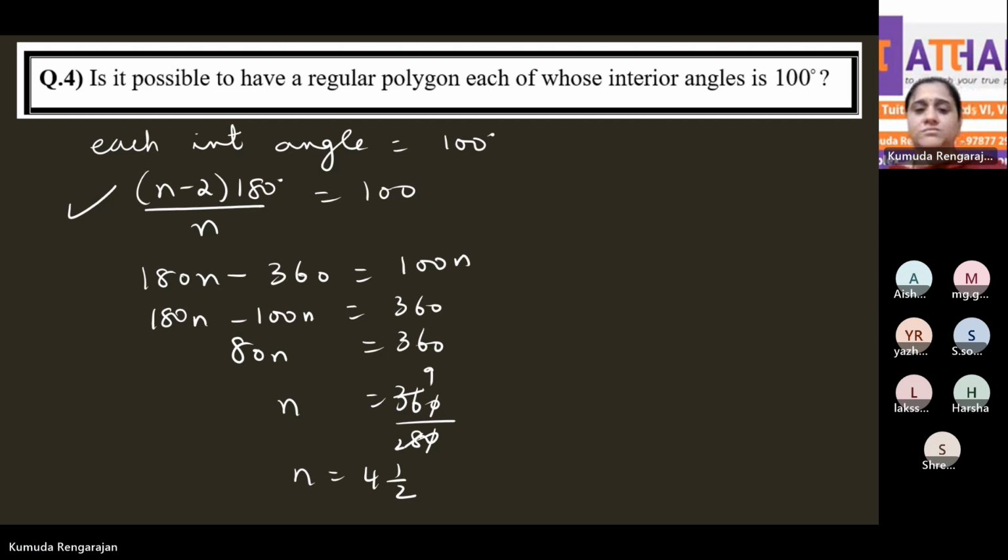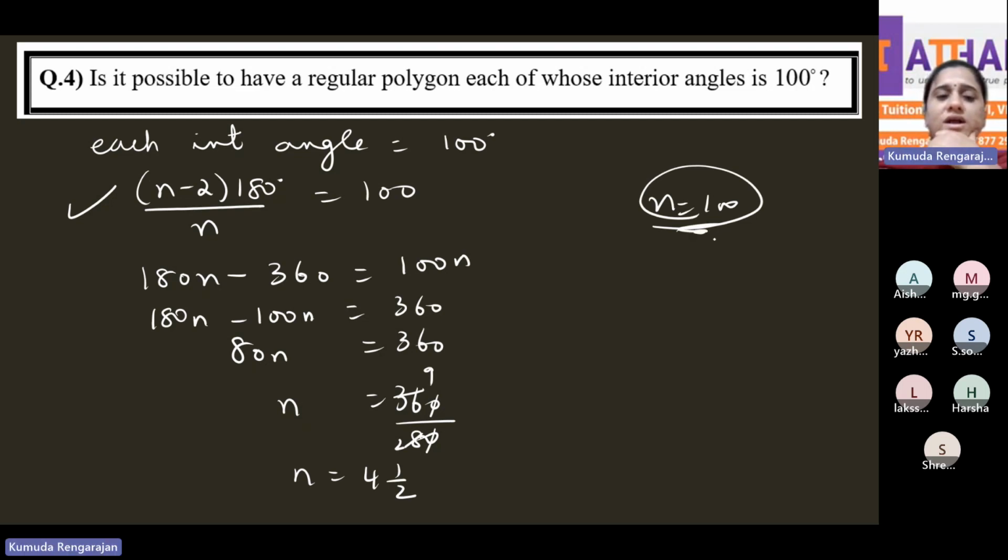Finished? N is not 100, children. Number of sides is not given. N is not 100. 100 degrees is the measure of each interior angle. So below that, the formula.